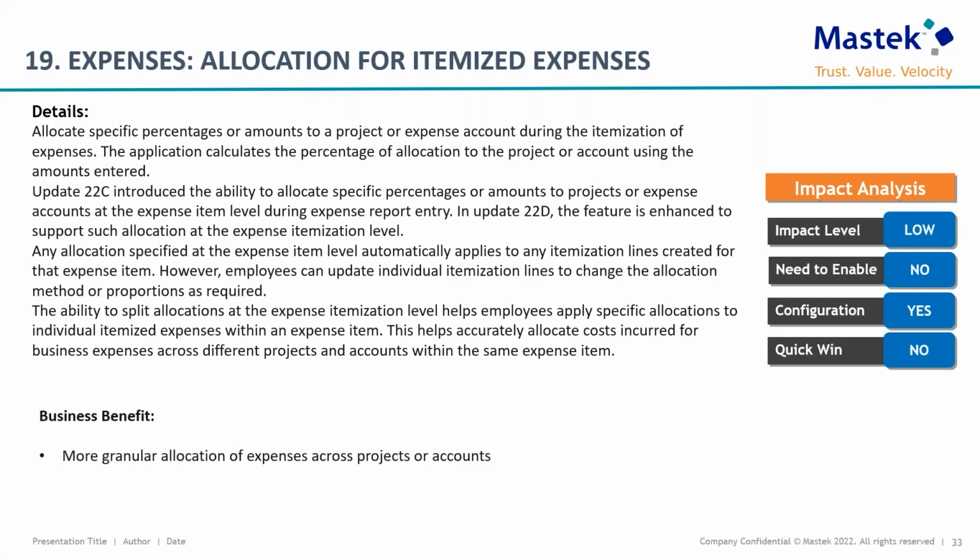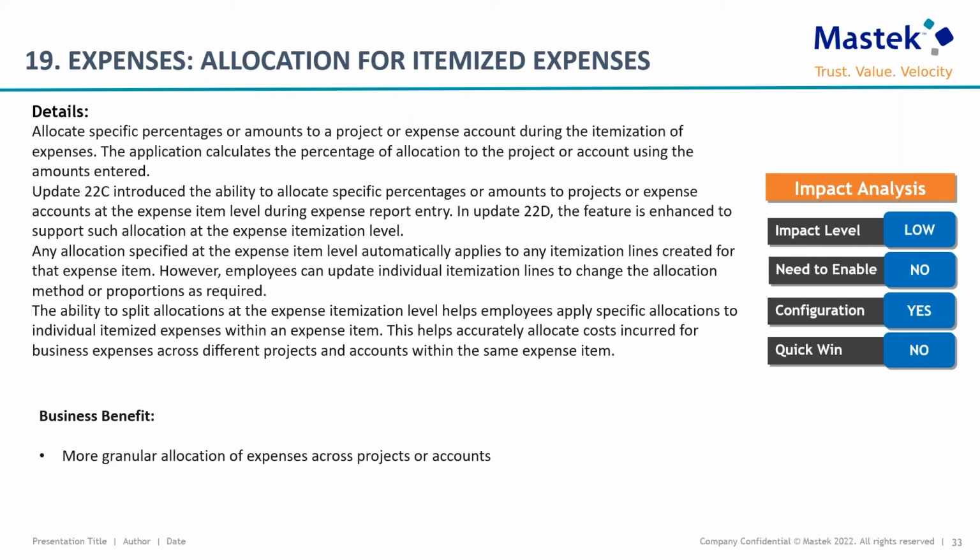Here, the first one we have for expenses is allocation for itemized expenses. In the previous upgrade, we saw that Oracle allowed separate allocation for each of the expense report items. We can allocate it to different projects or different cost centers as per the business requirement. In the 22D update, the same feature is enhanced for the itemization of the expenses as well.